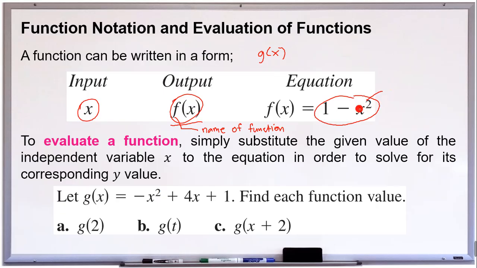So for this example, the independent variable is x. Okay, so just remember these two notations. You have the name of the function, then you use the parentheses and enclose your input variable or your independent variable. For this case, it uses the letter x. Okay, so next is evaluating a function.